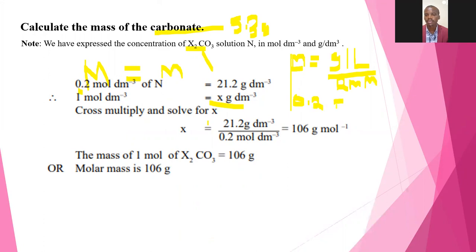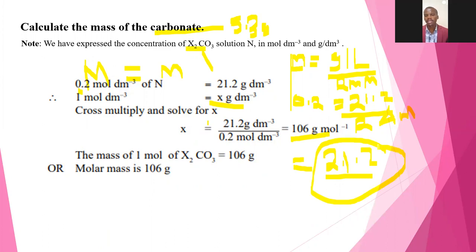So this is also a formula that you should master. Then grams per liter here we got to be 21.2 over the molar mass. So when you cross multiply, you realize that it will be 21.2 divided by 0.2, which will give you 106 as the molar mass of this.